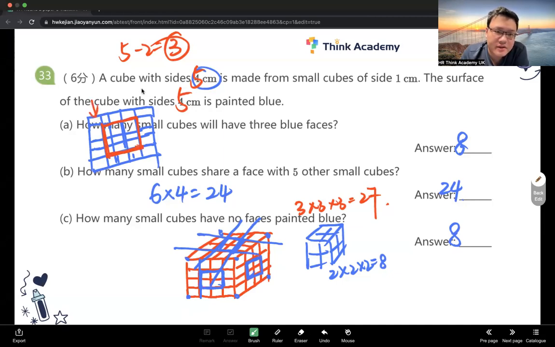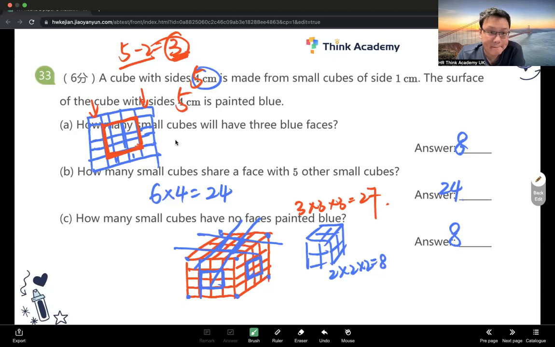For this column and this column, it's always 2 columns you have to take away to get the side length of that small cube in the center. That's why you use 5 minus 2, you get 3. And that 3 means the side length of the center cube that is not painted at all.